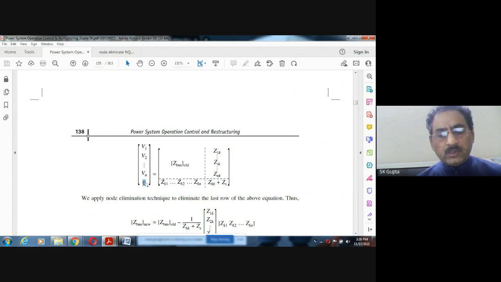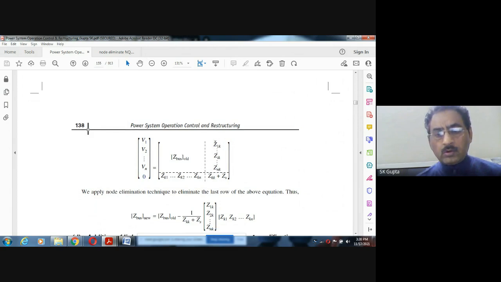So now you see here, if you want to reduce the size of this matrix, this will be the Z-bus old. This column, from here to here, is put here. This row, 1 to n, is put here, and the diagonal element is put here. So you see what is the size of this. This column is n by 1 in size, this row is 1 by n, and the size of this is already n by n.